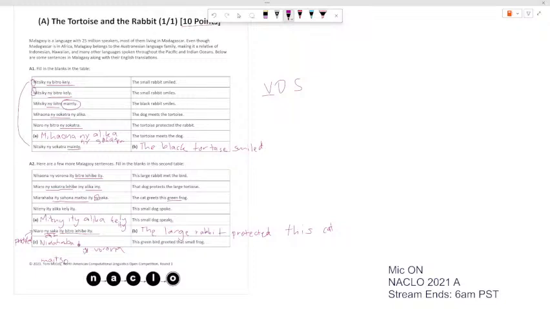Niarahaba ini. Frog. Frog is sahona. And then small is like kely. Not sure how you pronounce it. So it should be Niarahaba ini sahona kely ity verona maitso.